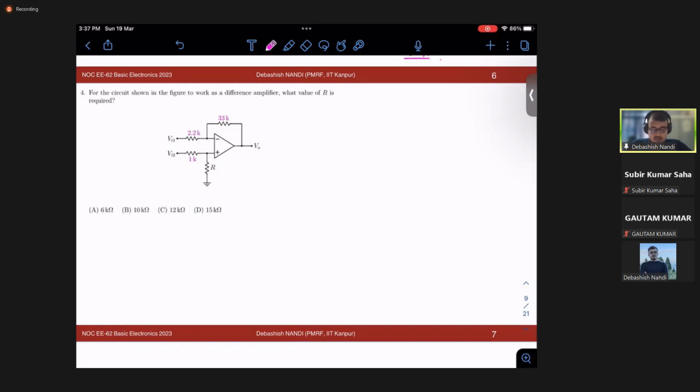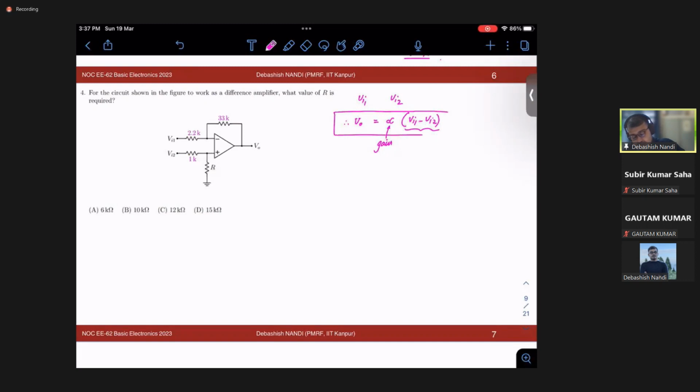A difference amplifier is nothing but one which takes the difference of the inputs, and suppose you have two inputs Vi1 and Vi2. So what will be your difference amplifier? This will be nothing but in this form. This is your gain, and gain terms this. So it will first take the difference and then amplify it. This is the definition of a difference amplifier.